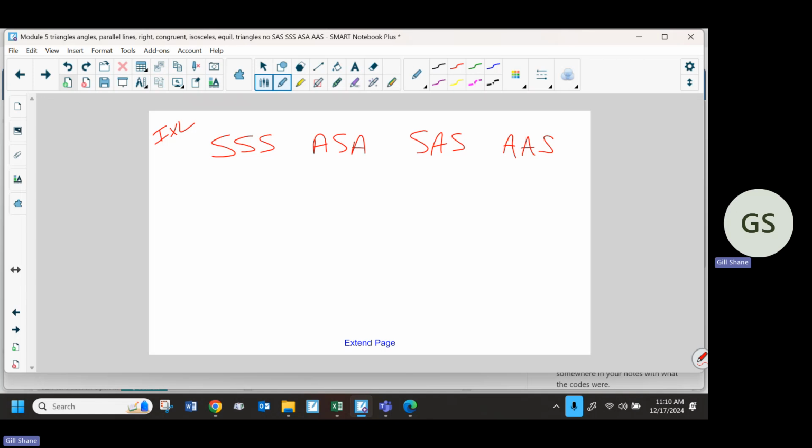I think that was maybe LER, maybe. Then isosceles equilateral triangles. I think that code was HPR.